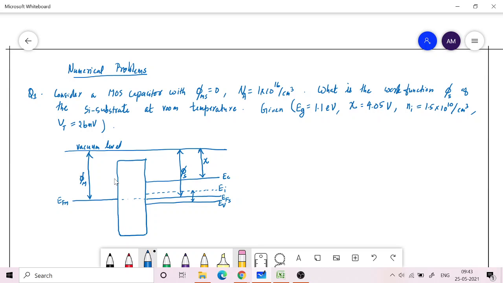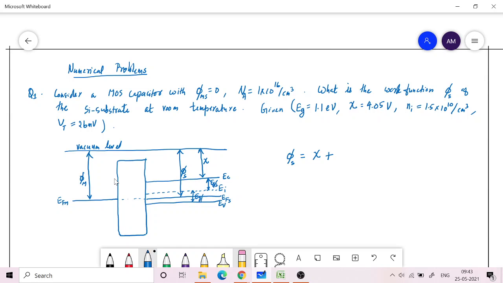So you are asked to find out phi s, which is same as phi m. We need to find out psi s, which is basically equal to chi, which is given to us, plus, as I told you earlier, Eg by 2.